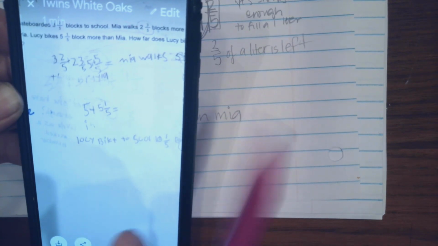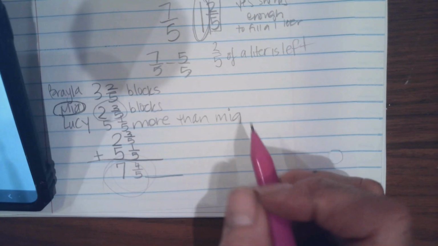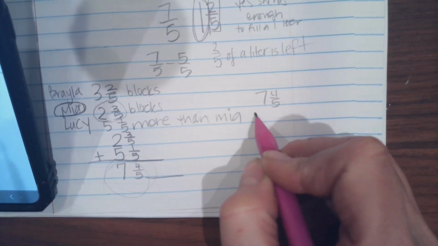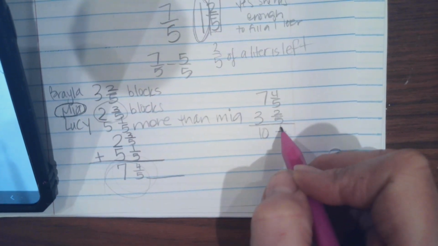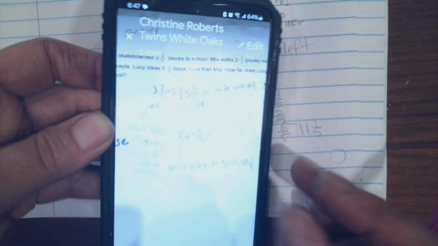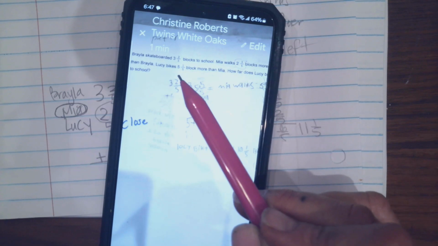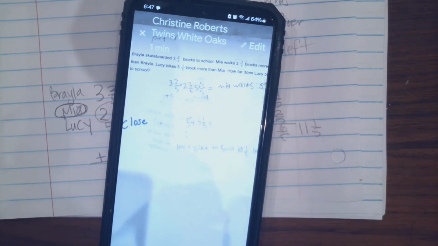I don't know if it's the right answer, but you did what all of them biked together. So let's see if you just added all of them together. Yeah, that's what you did. It's 11 and 1/5, but you said this plus this plus this instead of this plus this. Does that make sense? Yeah.